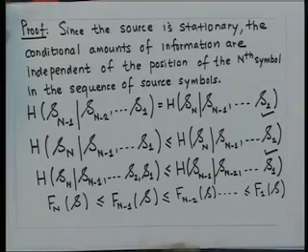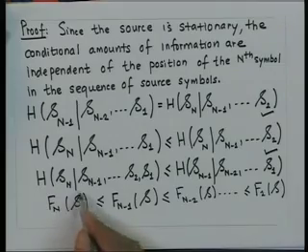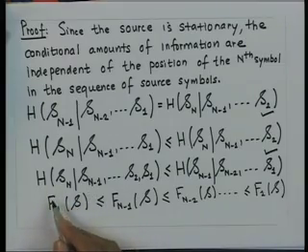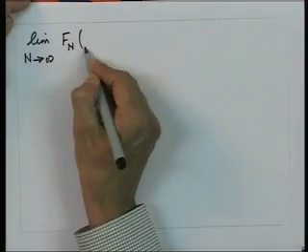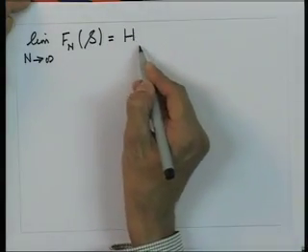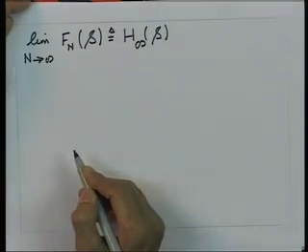Now, it follows that as I keep on increasing n, the value of Fn(S) keeps on decreasing. Since Fn(S) is always greater than or equal to 0, this implies that the limit of Fn(S) as n tends to infinity should converge, and let me call that limit by definition H infinity(S).